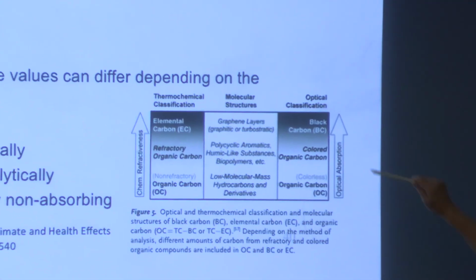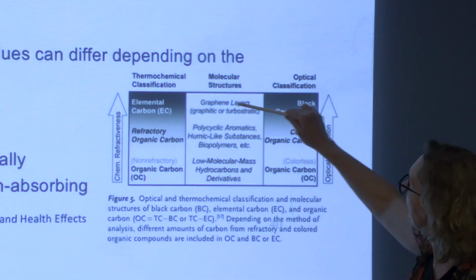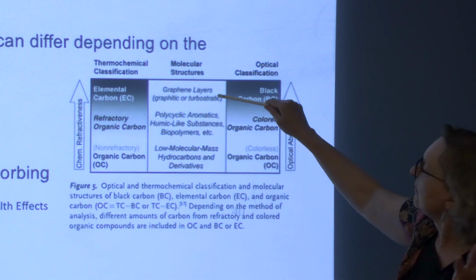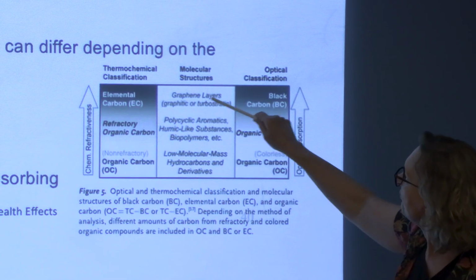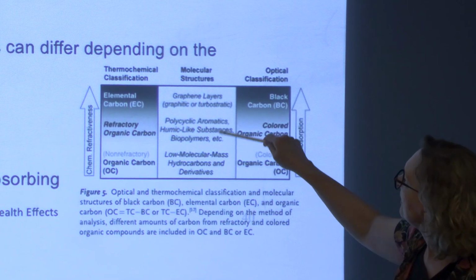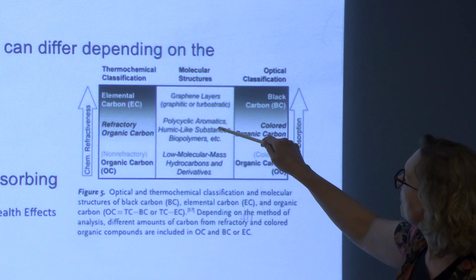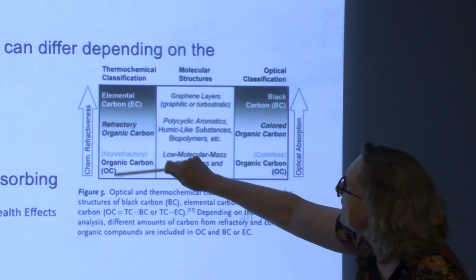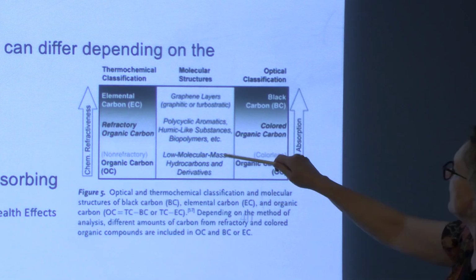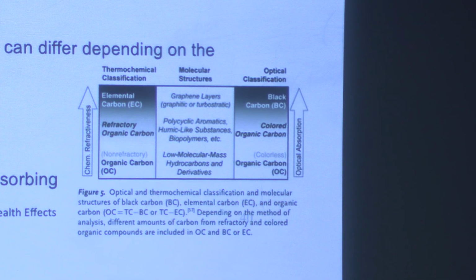You can relate this to the molecular structure. For black carbon and elemental carbon, you have these graphene layers, and in the middle you have the polycyclic aromatics and so on. It's a continuum. So this is how these are related.